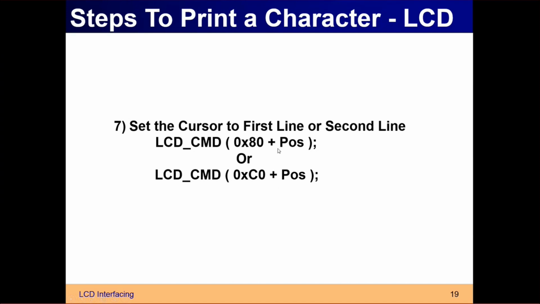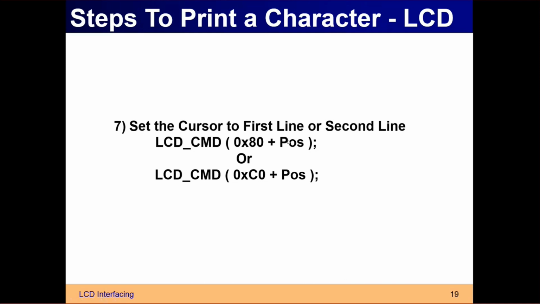So if you want to display a character on the first line, first column, what should this position be? First line is shown by 80. First column will be shown by this position. So 0x80 plus 0 means it will be displayed on the first row, first column.